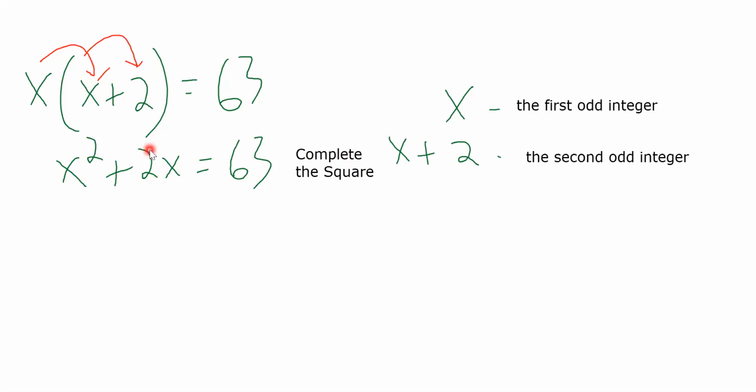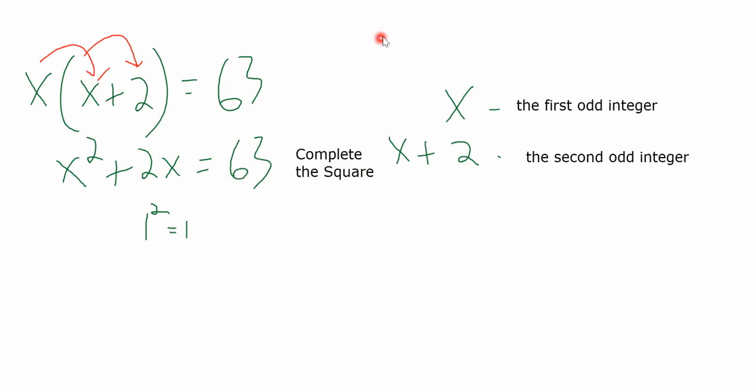So if we recall our completing the square method, we need to take half this number, which is 1. We have to square that number. So we just so happen to stick with 1. Then we take this and we add it to both sides.